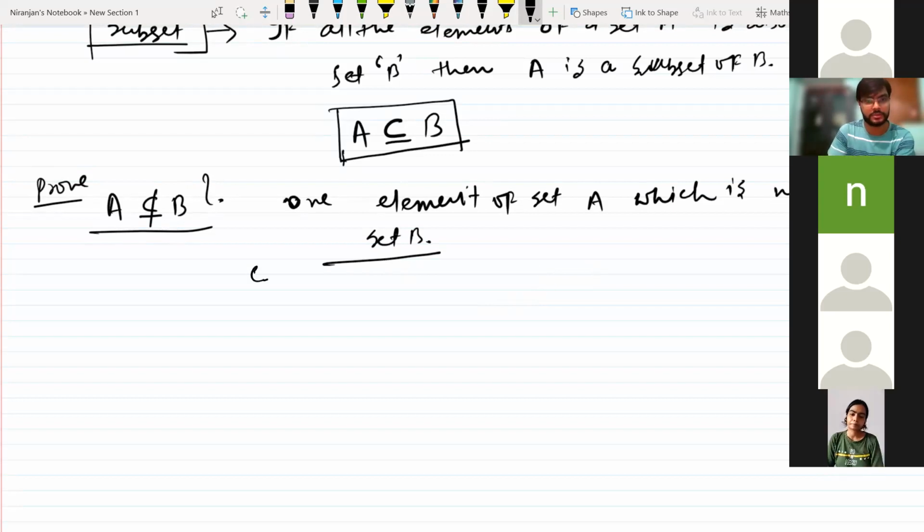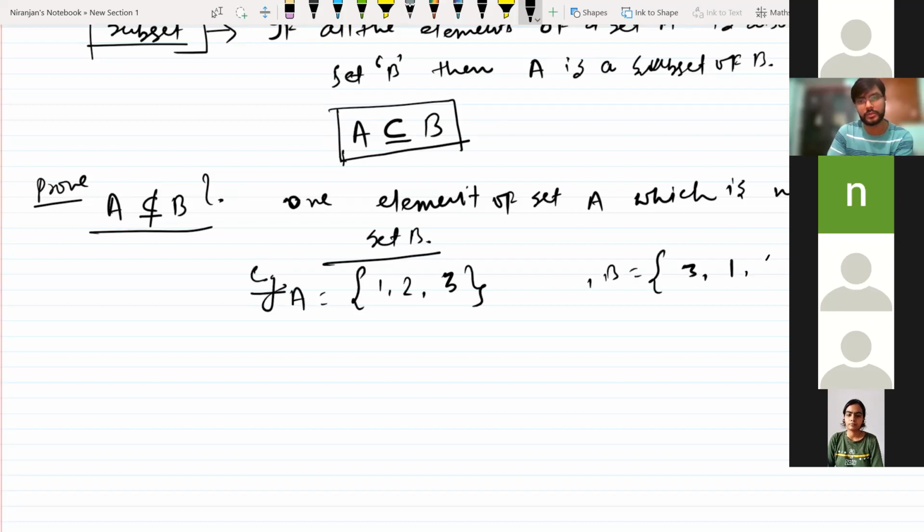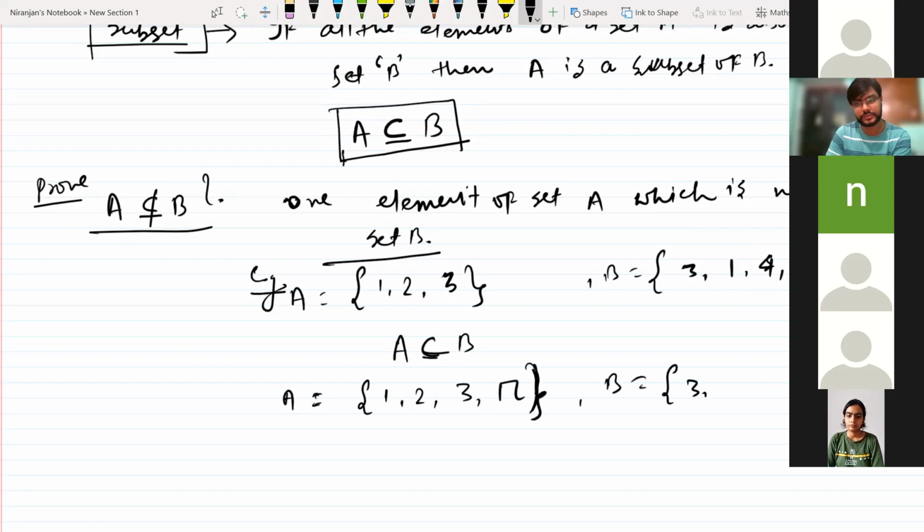So let's take an example. Take A as 1, 2, 3, and B is 3, 1, 4, 5, 2. Here A is a subset of B, right? But what happens when you take A as 1, 2, 3, and 5, and your B is the same, 3, 1, 4, 5, 2?